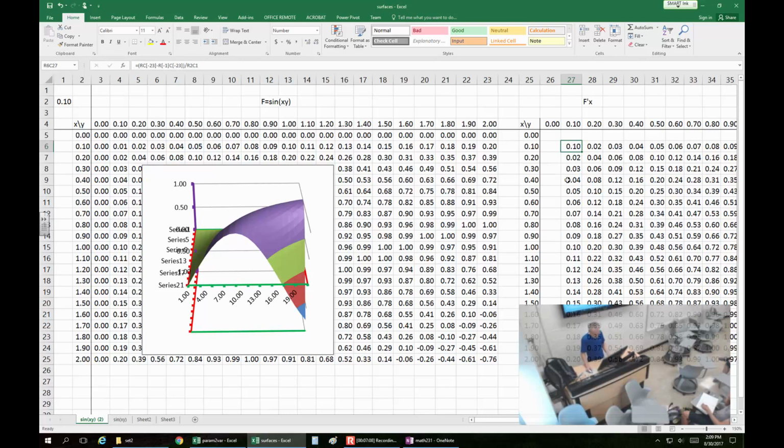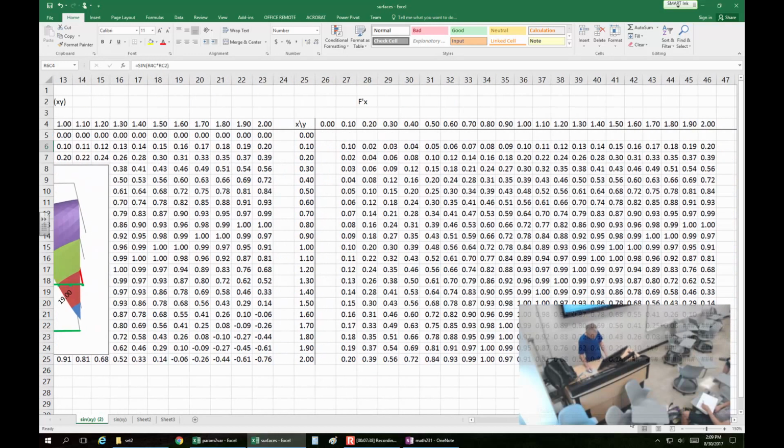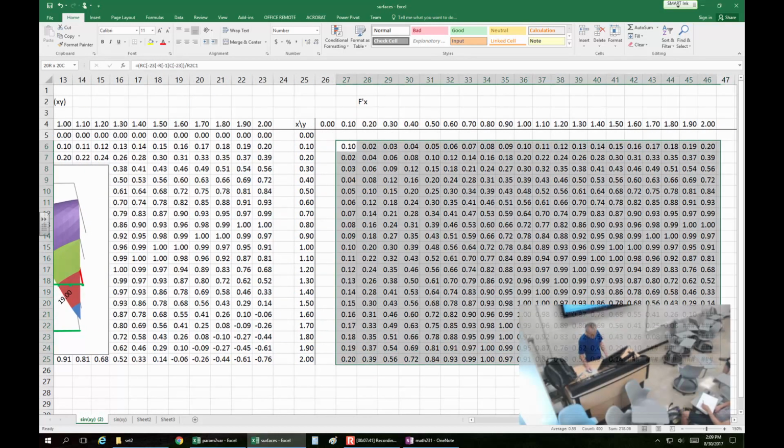Oh, why not? It could be 0.1 just as well. So let's confirm. I'm looking at this entry. The change of x is 0.1, while the change of z is 0.01. So 0.01 divided by 0.1 gives me 0.1, right? Yeah, that works out. Okay, so let's get the rest of them. Once again, filling in.